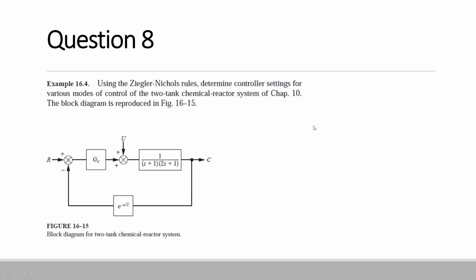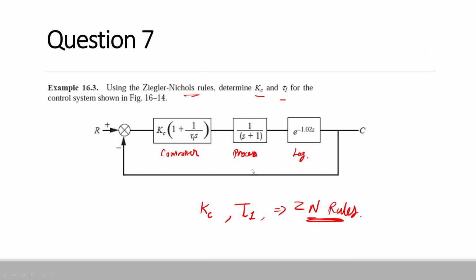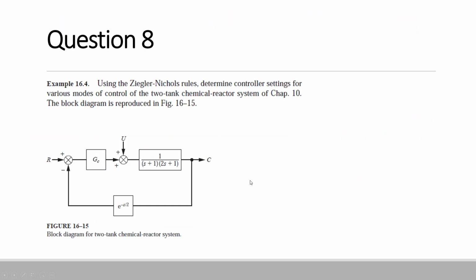Now, in the earlier question, we didn't have this measurement term, that is, the measurement term was straightforward. Now in the next question, we have this lag in the measurement, that is exponential of minus s by 2, and for this given system you have to again use the ZN tuning parameters to find the controller setting, that is, the value of controller gain Kc.